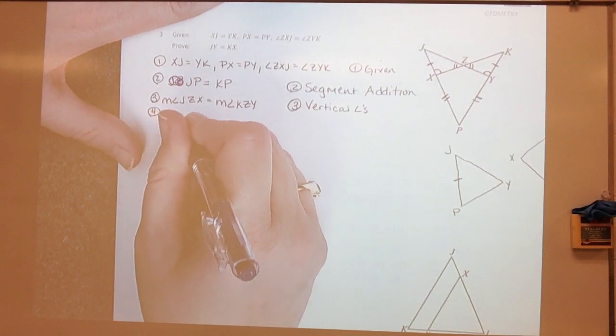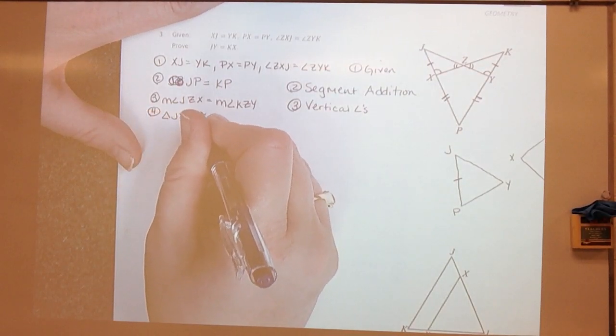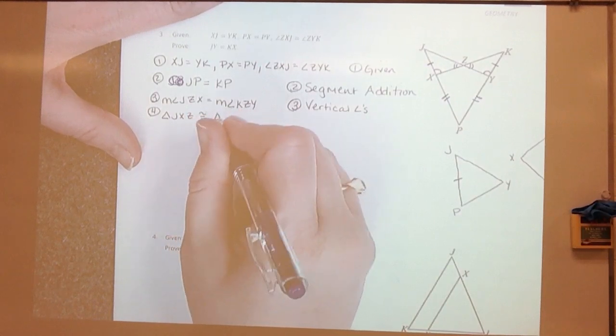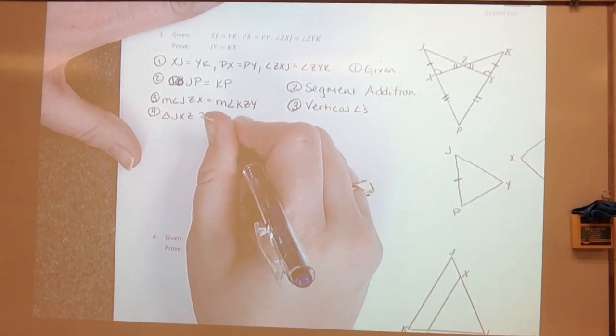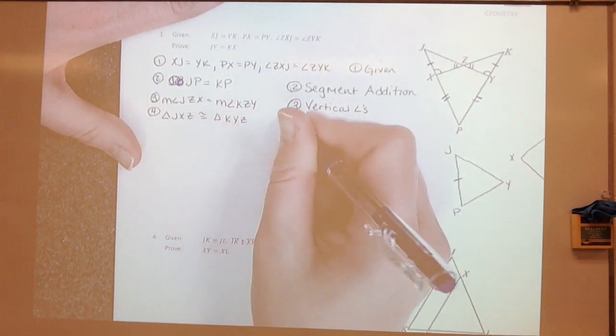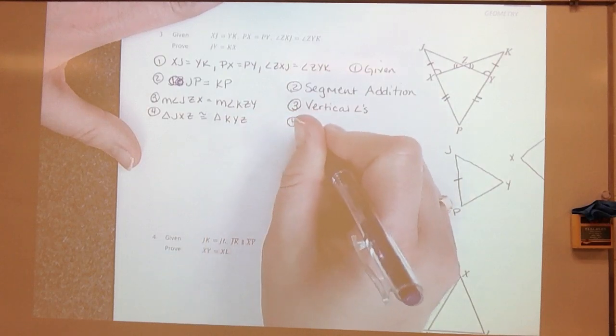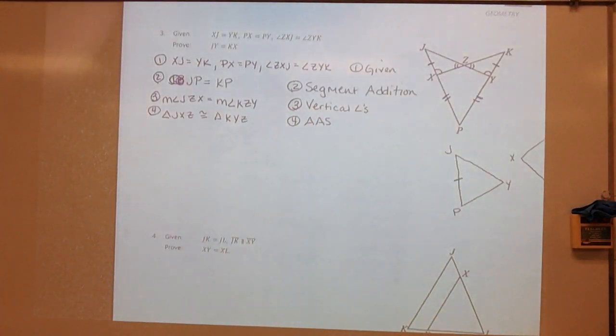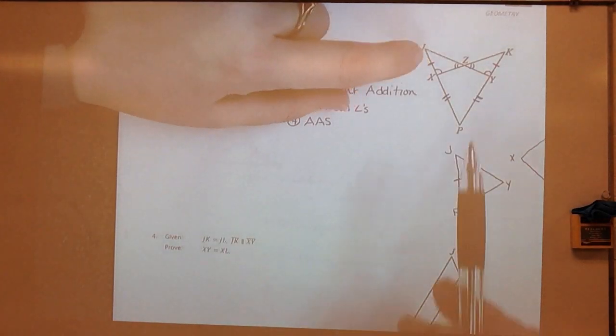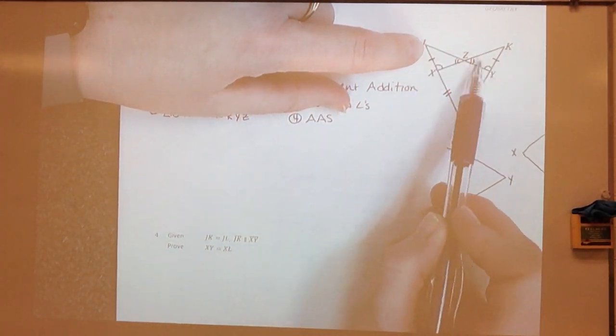Triangle JXZ is congruent to triangle KYZ by angle, angle, side. The reason I'm doing this is because since I know they are congruent triangles, then I know that every part of these two triangles are equal.